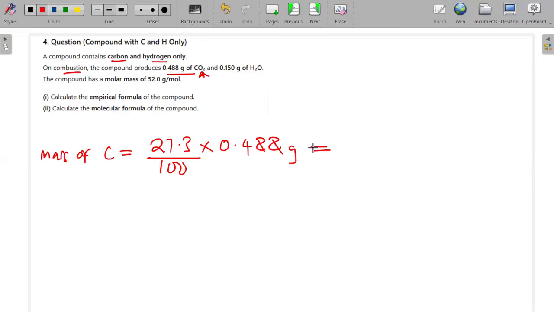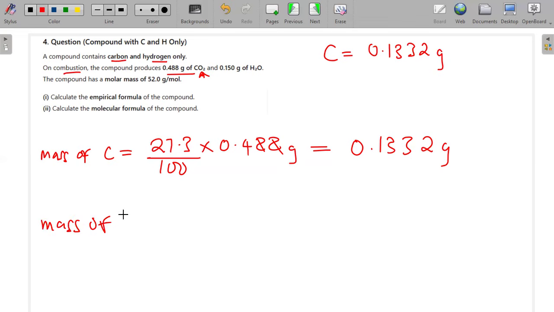So this is just going to give me the mass of carbon. That is 27.3 multiplied by 0.488 and then divided by 100. I'm going to find the mass of carbon to be 0.1332 grams. So carbon has a mass of 0.1332 grams. What about the mass of hydrogen?